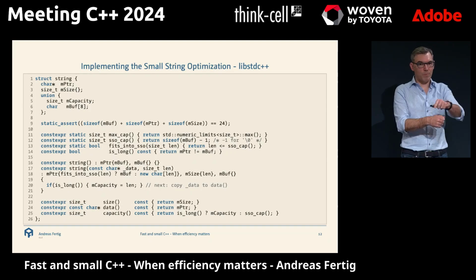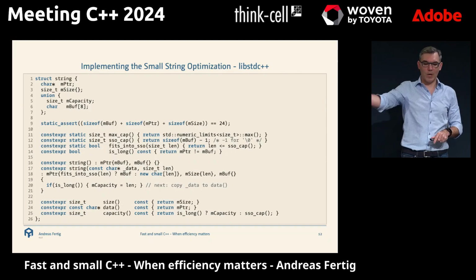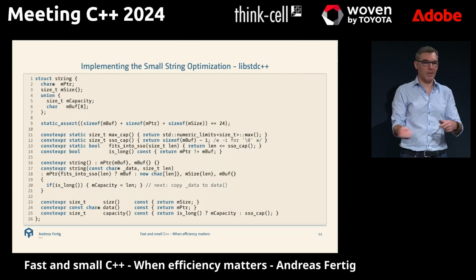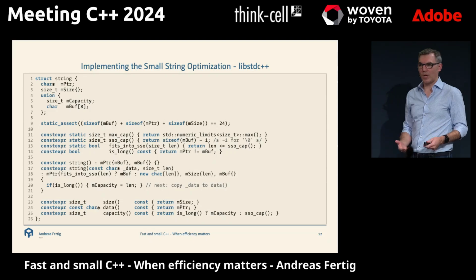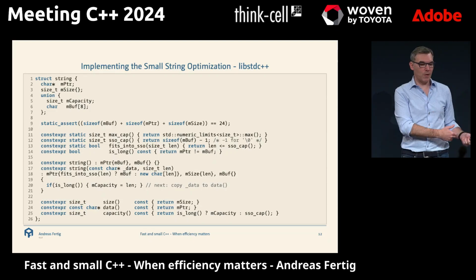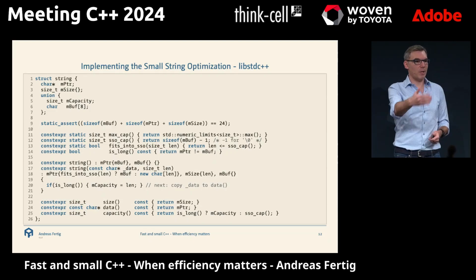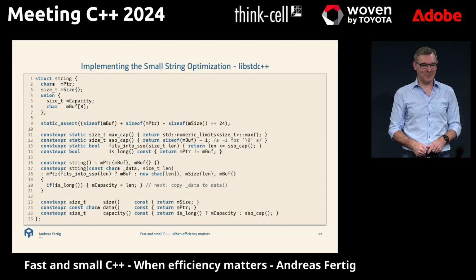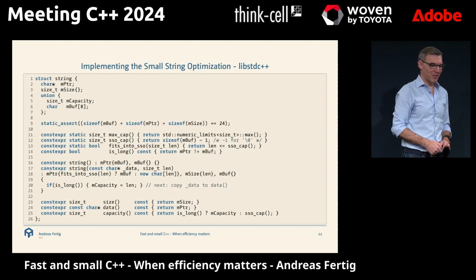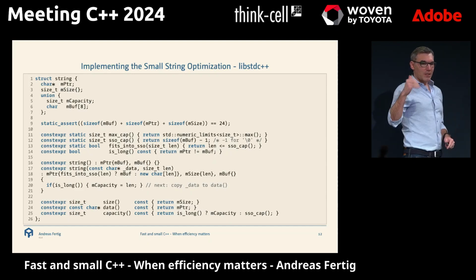So we let a pointer point to our stack space, and otherwise we allocate memory on the heap and let mPointer point to that. In the constructor's body, one thing we have to take care of is, if we are in long mode, then we have to set the capacity to the length that we just allocated. And of course, at some point, we should copy the data over.